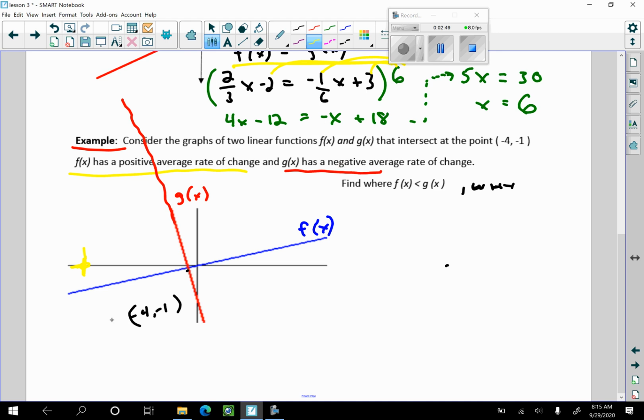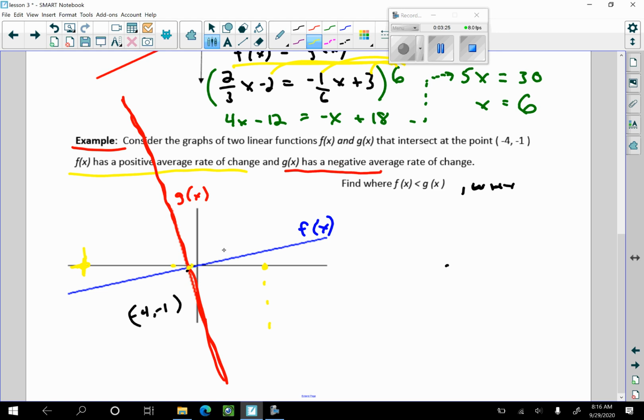So is f of x below g of x here? Yes. But at this point right here, is f of x below g of x? No, it is not. It's hard to see. What you need to realize is that this line goes on forever, and the domain of g of x is all real, so eventually, if I did a vertical line, it's going to hit this red line.